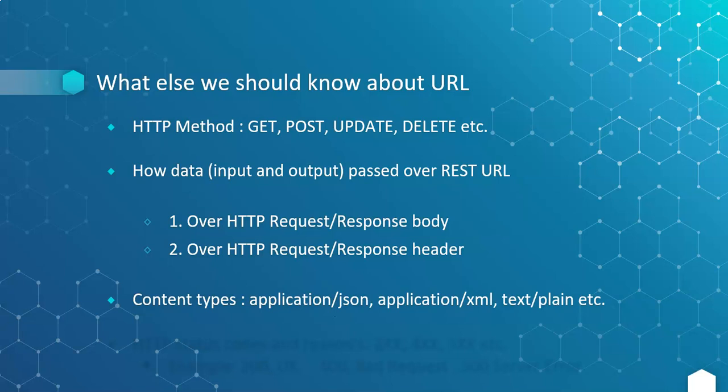SOAP services don't support application/JSON. The advantage with application/JSON is that JSON means JavaScript Object Notation. That means the application/JSON objects or data can be easily understood by any scripting language.